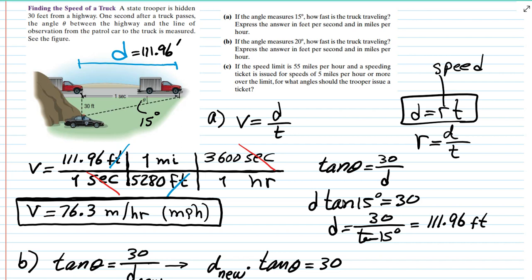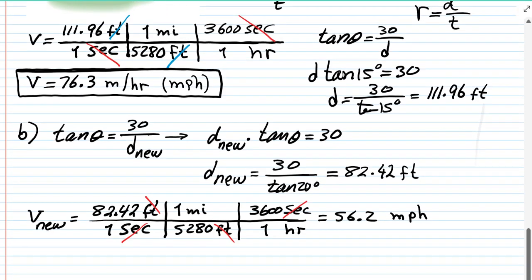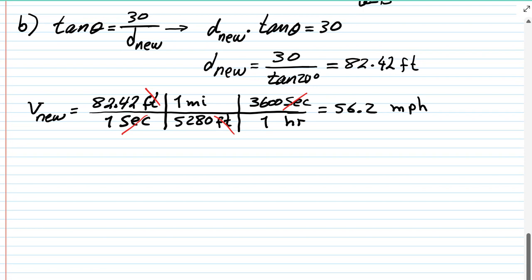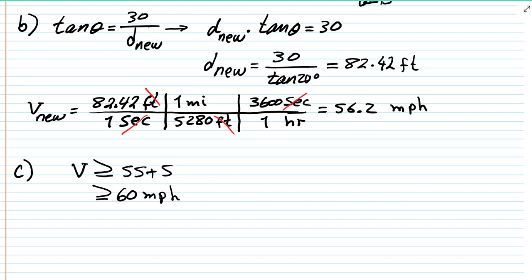Now we want to know, for what angles should the trooper issue a ticket? So we want to find a measure of the angles here, right? So in part C, if the velocity is greater than or equal to 55 plus 5, that's greater or equal 60 miles per hour, then a citation is issued, correct?